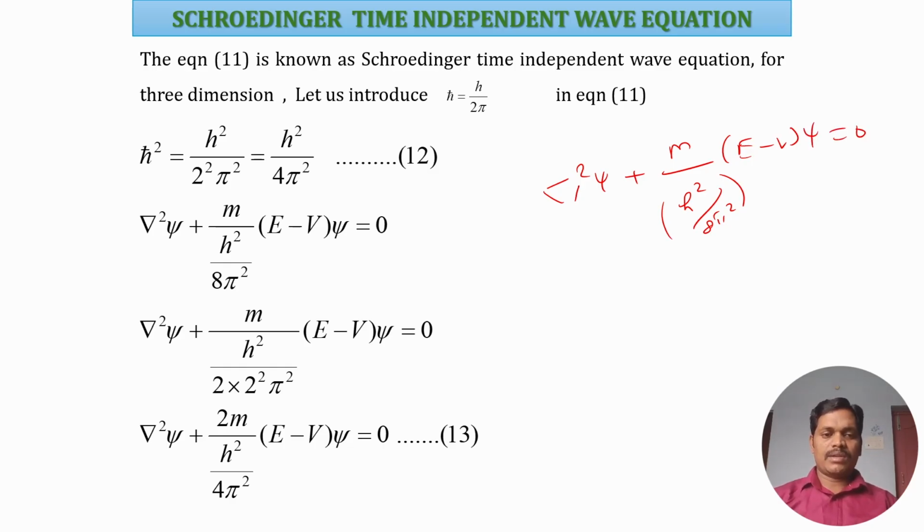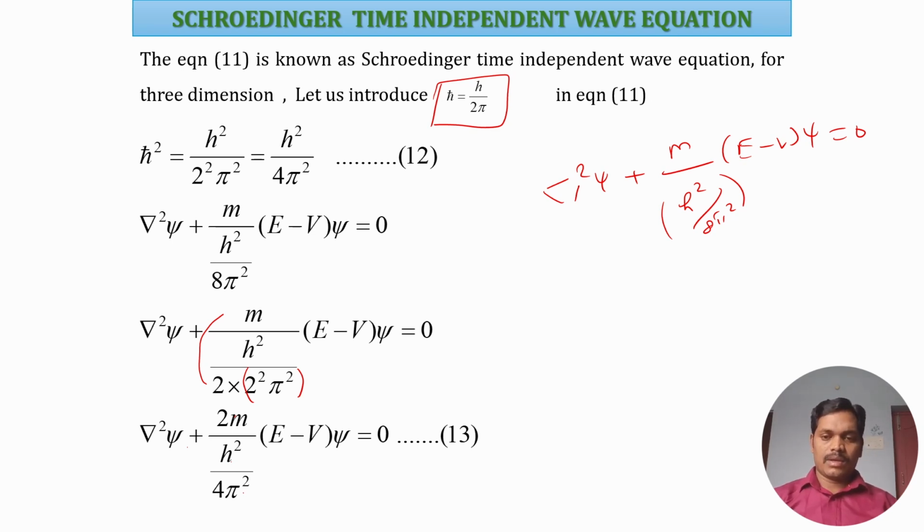As I mentioned earlier, we introduce the reduced Planck constant, h cross is equal to h by 2π. We can rewrite h square by 8π square as h square by 2 into 2 square π square, and rearranging, del square psi plus 2m by h square by 4π square into E minus V into psi equal to 0.